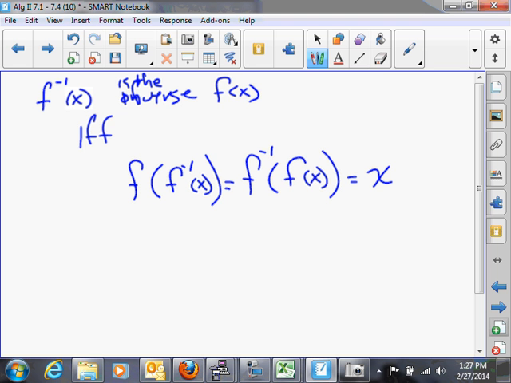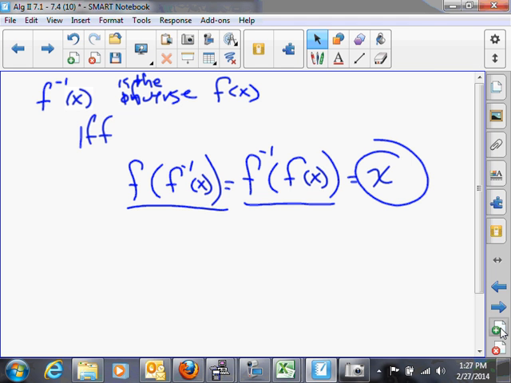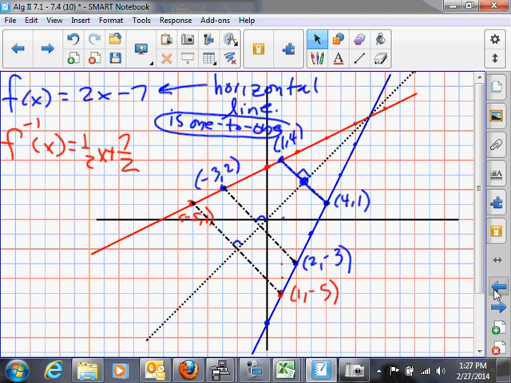In other words, what you have to do is take the function and compose it with its inverse in both ways, inside and outside function, and if you get x in both cases, then that's formally showing that the two functions are inverses. And let me show you an example of that with the functions that we actually came up with.